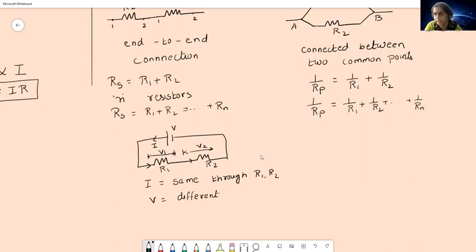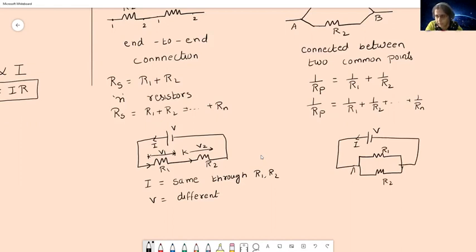So what happens in parallel connection? Say for example, I have V here, and the parallel connection is made in this way. Current passes here, you have R1 and you have R2.